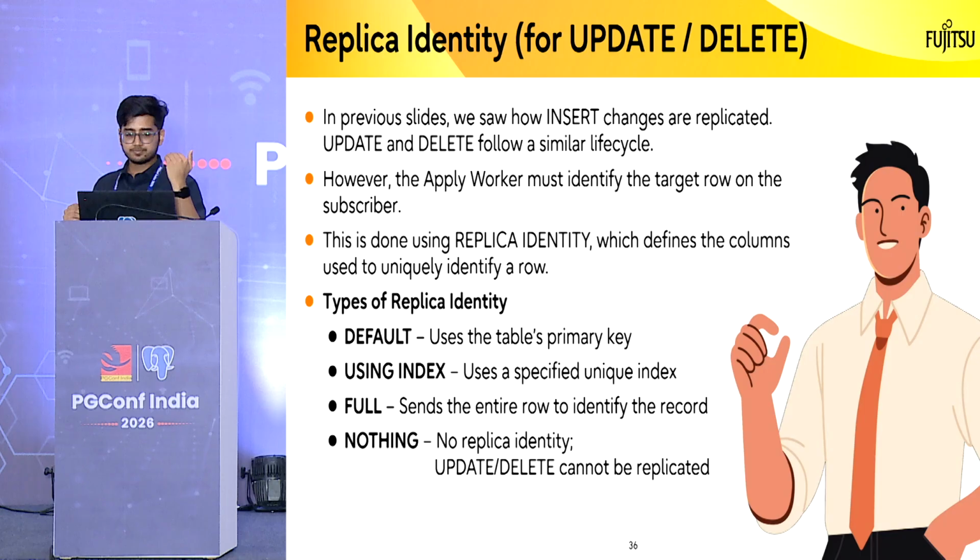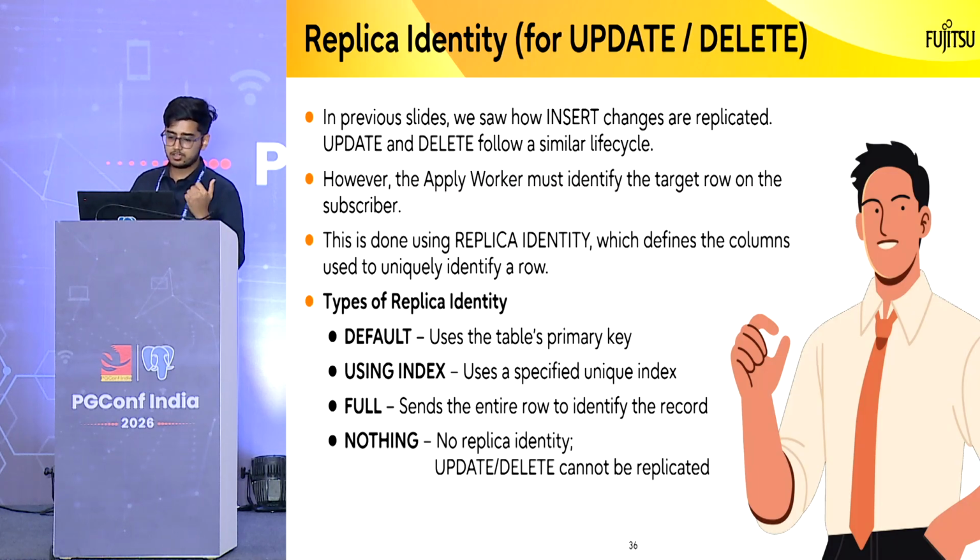We set the replica identity for the tables. With the help of the replica identity, we can uniquely identify a row, and the update or delete operations can proceed. There are four types of replica identity. One is the default, which uses the primary key of that table. Second is the index.